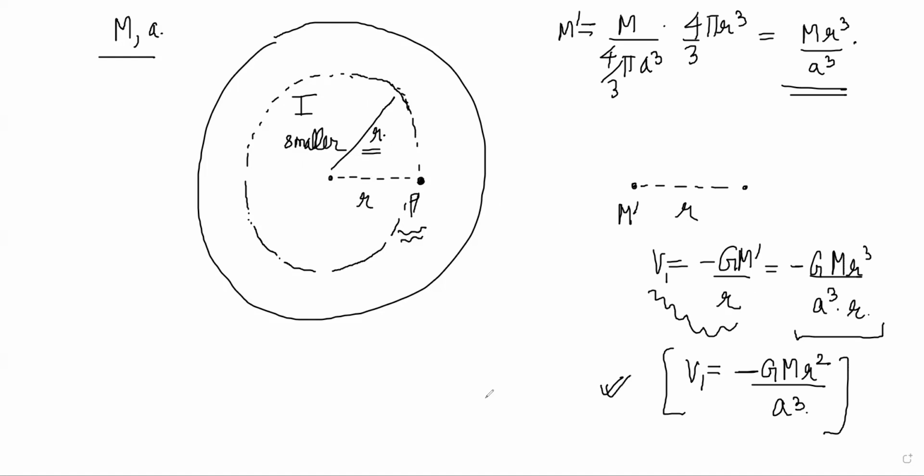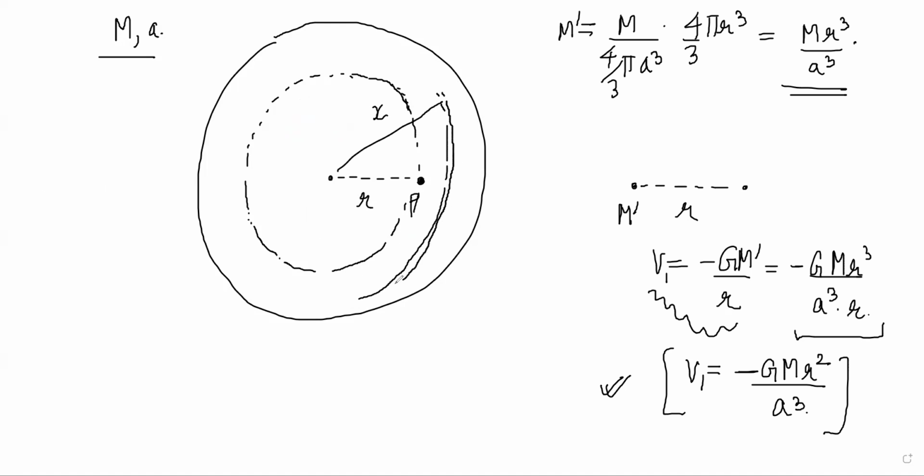Once we have this, we still have to find the potential due to all the parts which are outside it. In order to find that, let's split up the outside portion into shells. Let's say there is a shell like this, having radius x.